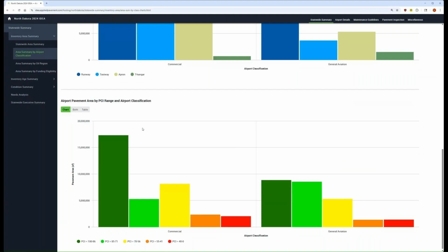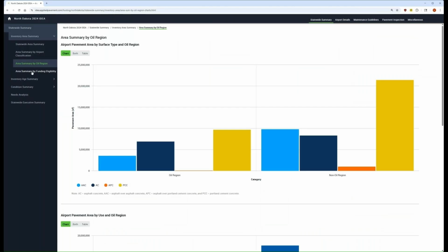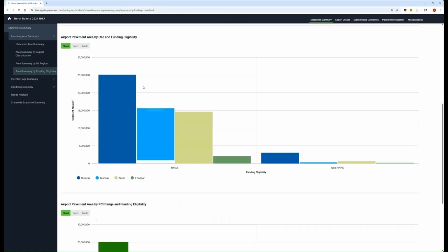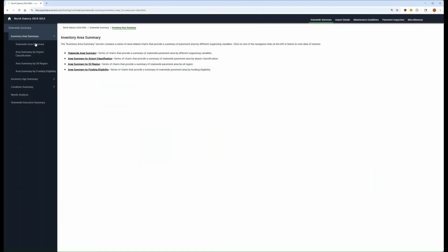You're seeing similar distributions and similar splits by that. We also have oil region, and we also have funding eligibility, NPIAS versus non-NPIAS. And this is all pavement area broken out in the area summary. Broad level, entire system of data represented in these results.